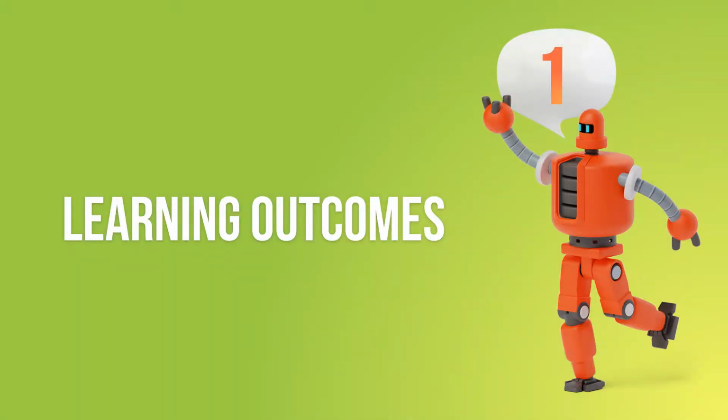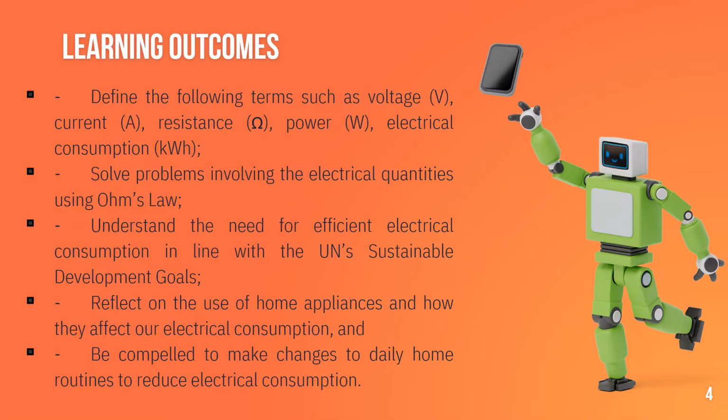So let us begin by identifying the learning outcomes in this lesson. Number 1, define the following terms such as voltage, current, resistance, power, electrical consumption. Solve problems involving the electrical quantities using Ohm's law.